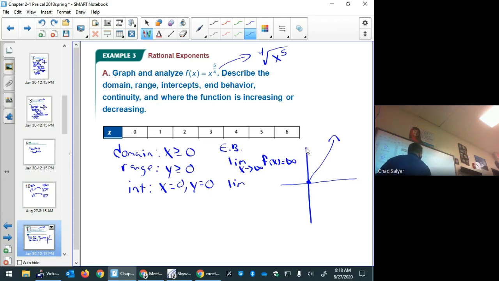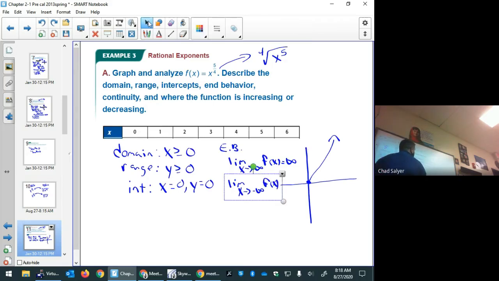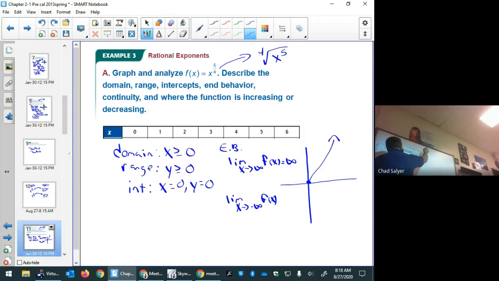But the limit as x goes to negative infinity of f of x. So here's a little calculus lingo for you. When it's outside of the domain, we write DNE. That means it does not exist. So that limit does not exist. Makes no sense to even talk about it because you see that's an undefined part of the domain.